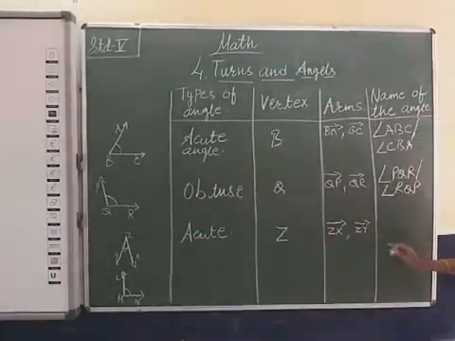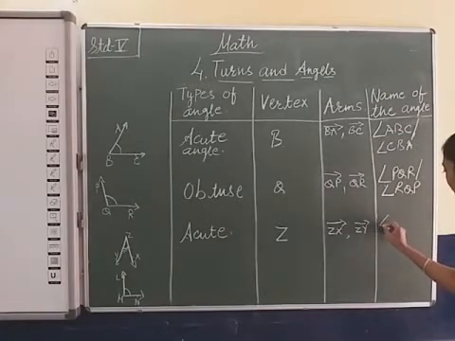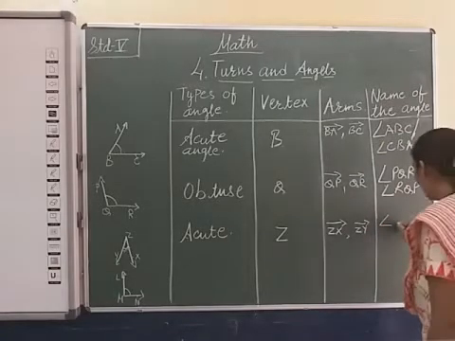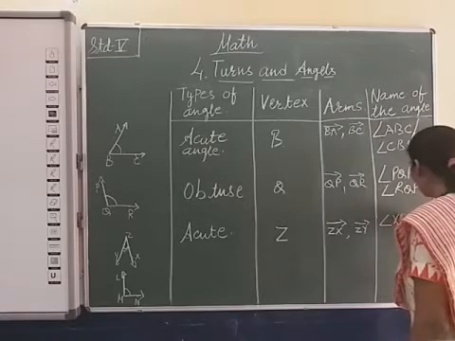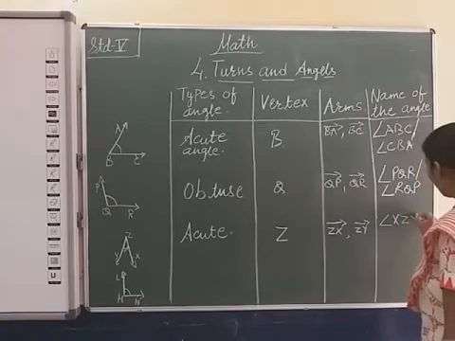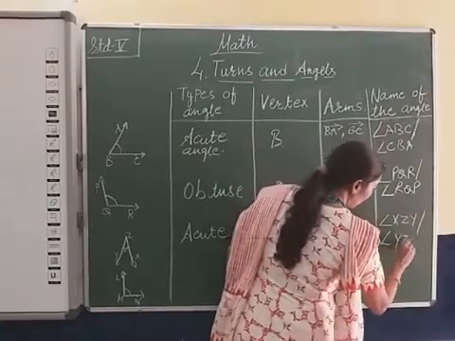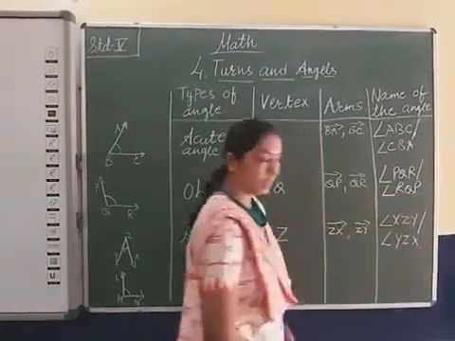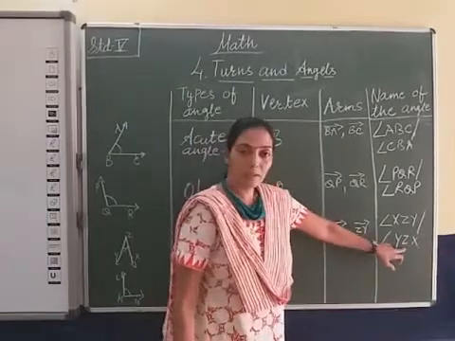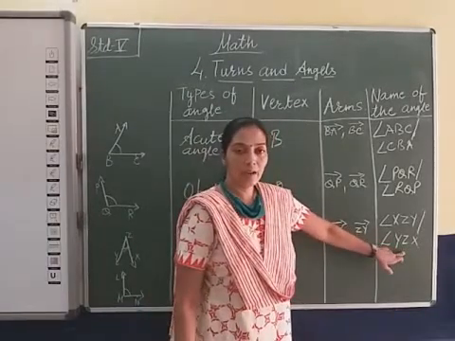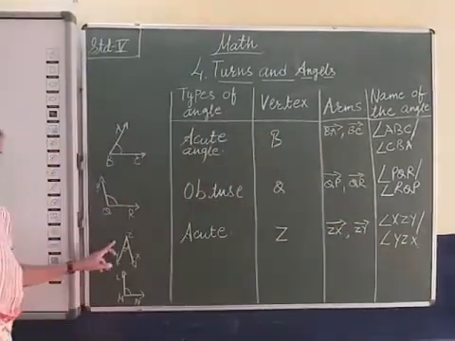And the angle, one angle we can write here XZY, or we write the angle YZX, but the condition is Z is in the middle, in the middle way, because it forms the angle.